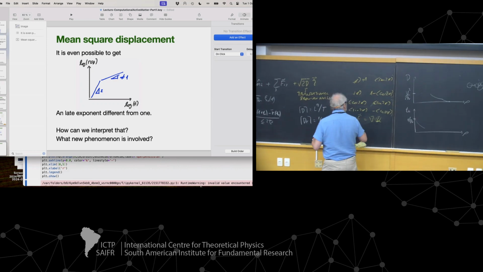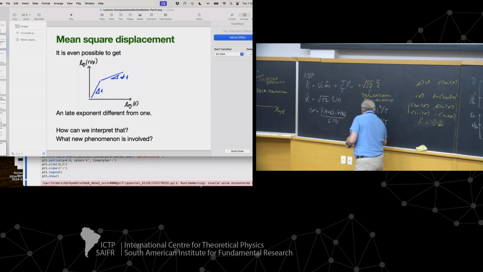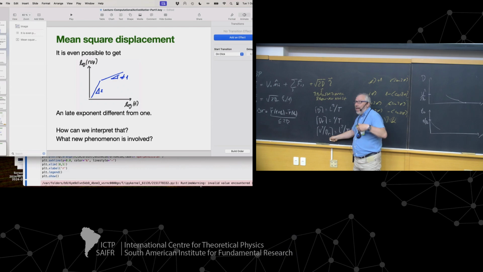So you have to compare with this other one, v squared divided by Dr, which is length squared divided by time. So this is the effective active diffusivity. Now you have to compare those two, and the active one is much larger.